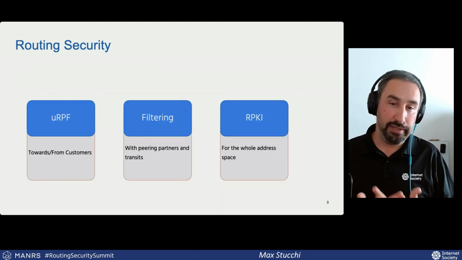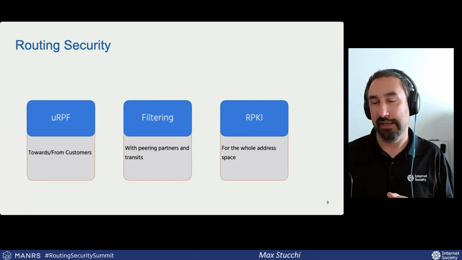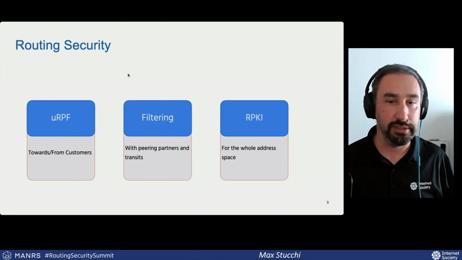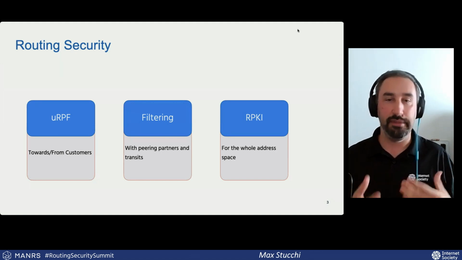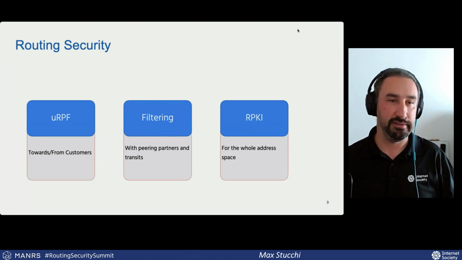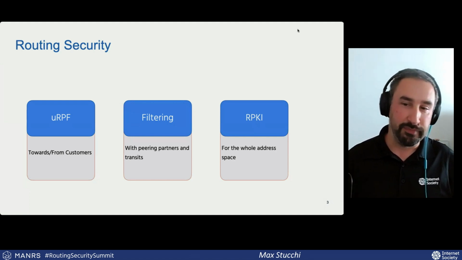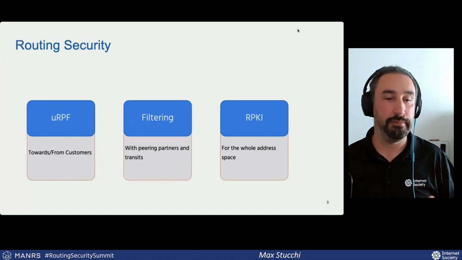We have 3 major parts, and if you've ever looked at MANRS as a project, you will recognize that there is a similarity between this scheme and what you've heard about MANRS. There is RPF, that is something that we use to filter what we get towards or from our customers.